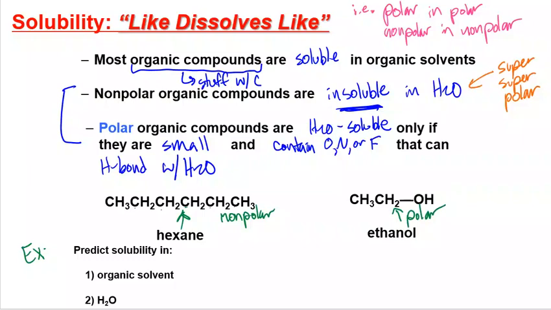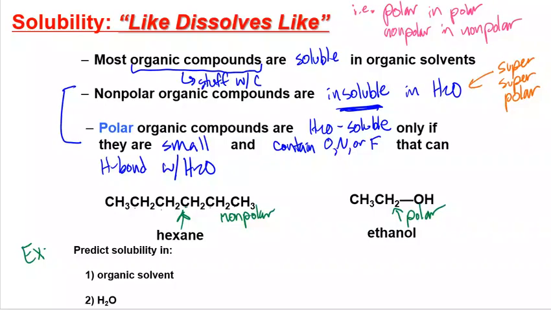And so let's predict their solubilities in, first off, an organic solvent. To see if something is soluble in an organic solvent, we ask, okay, is it an organic compound? Because if it's an organic compound, usually it's nonpolar enough that it will be soluble in an organic solvent.